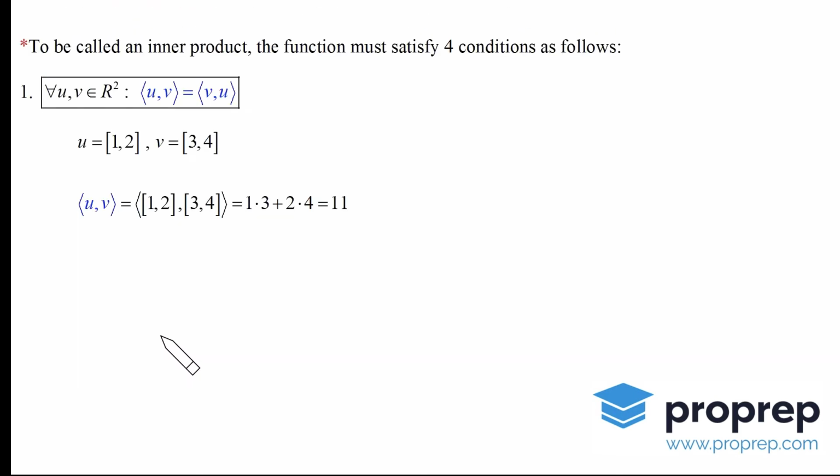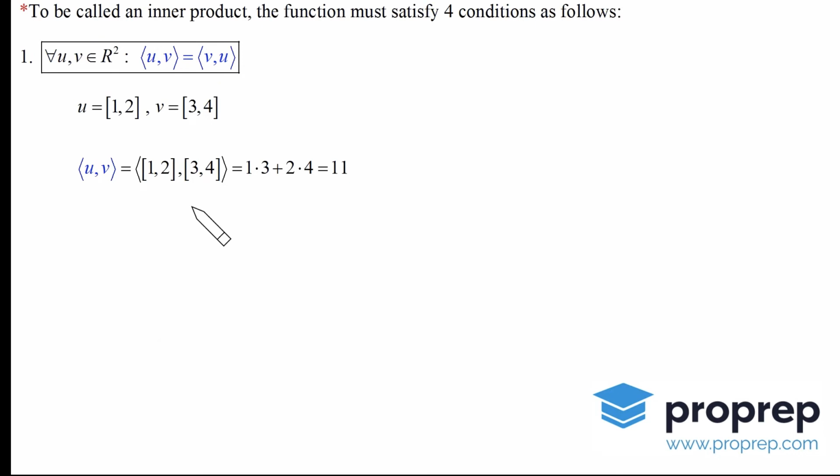Now let's try doing it the other way. The inner product of v and u, this time we reverse the order of the vectors, 3, 4, and then 1, 2 is 3 times 1 plus 4 times 2, and it also came out 11. This was no big surprise, because really we're getting the same products just in a different order. Instead of 1 times 3, we have 3 times 1, and instead of 2 times 4, we have 4 times 2.